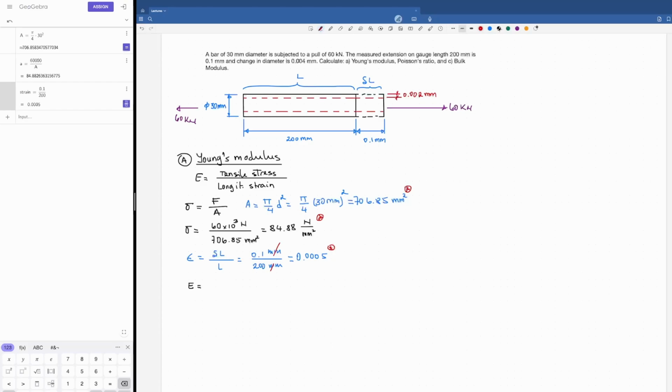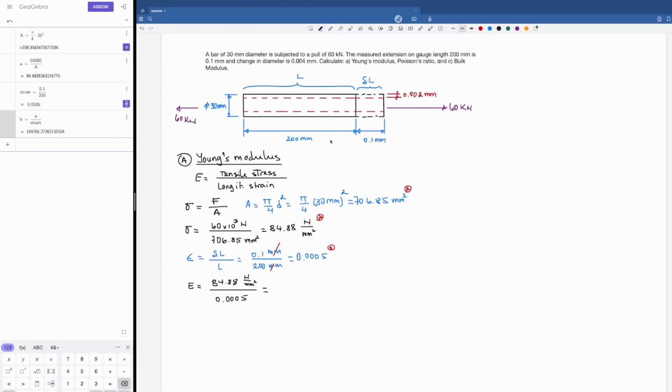It's 84.88 newtons per square millimeter divided by 0.0005, which gives us 169,765.